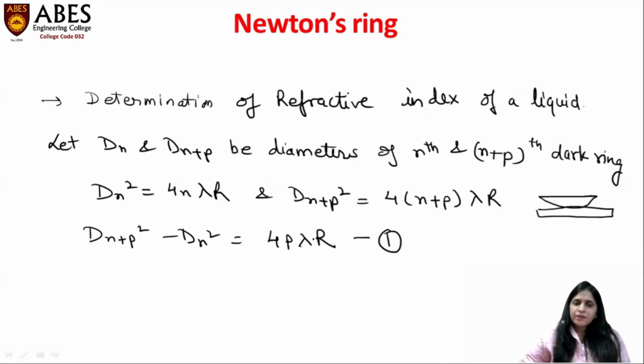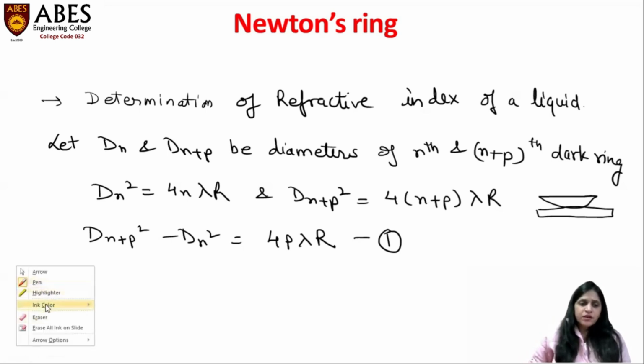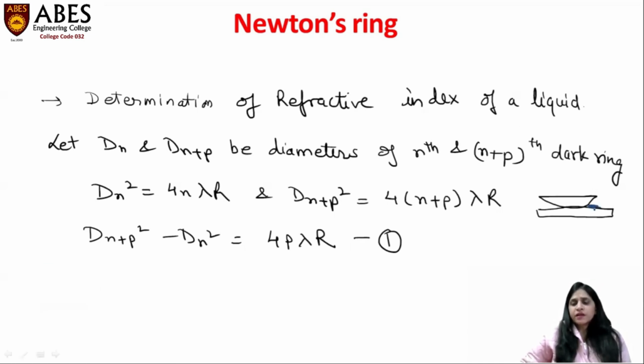These are the diameters, and we can write this equation in a similar manner. Now suppose we put the liquid in the film, that is between the plano-convex lens and the glass plate. So now we need to find out the refractive index of this liquid.